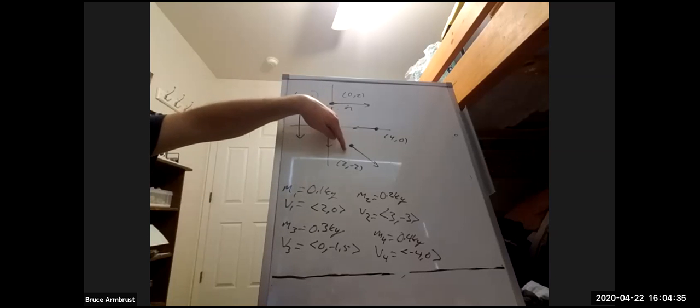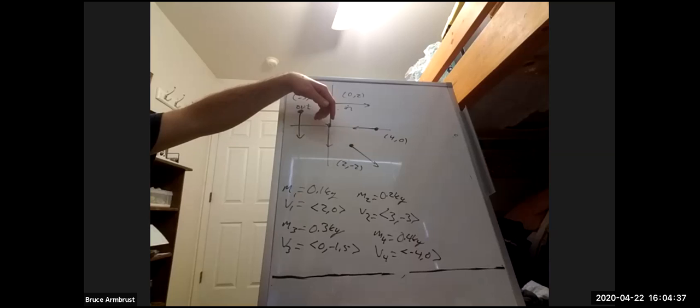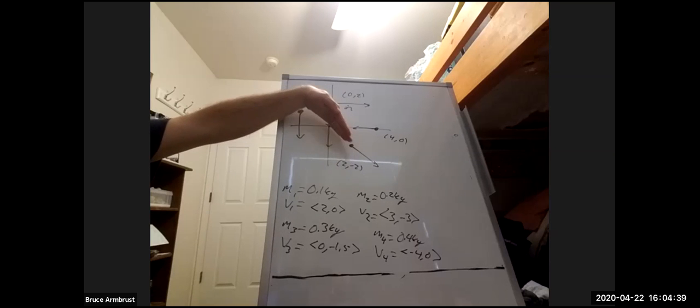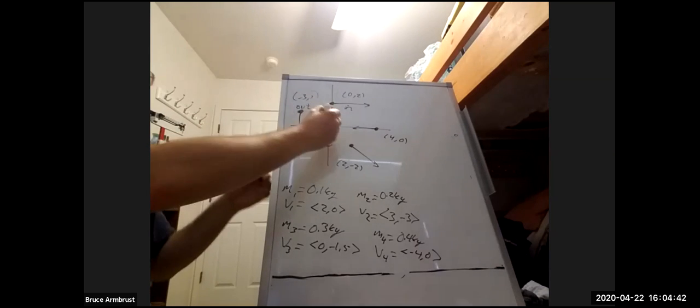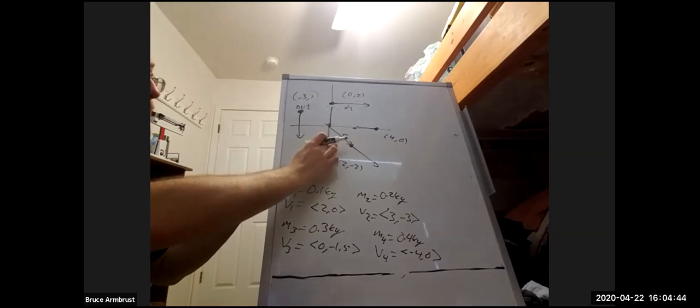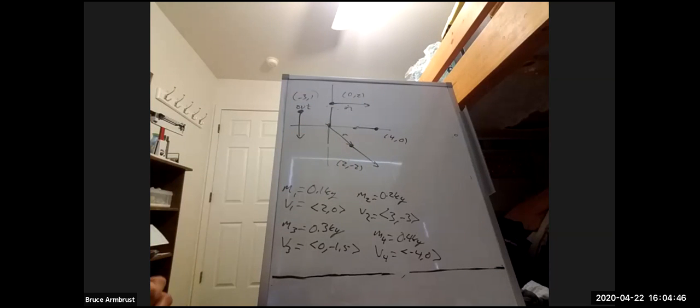So let's go to this guy that's down in the fourth quadrant. Okay, so now R is pointing here, and V is pointing in the same direction. So what are we going to get now? So Victor says in.